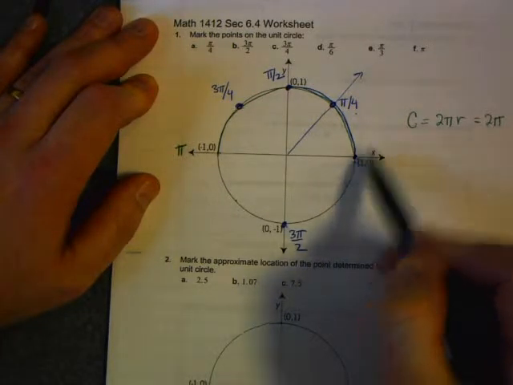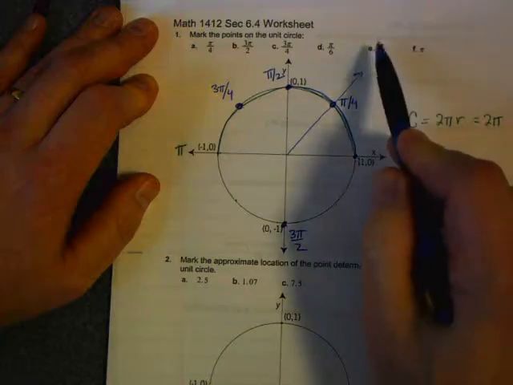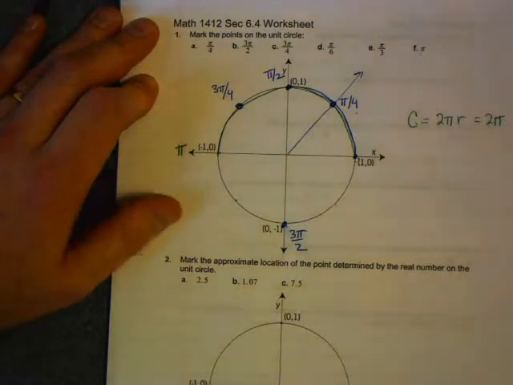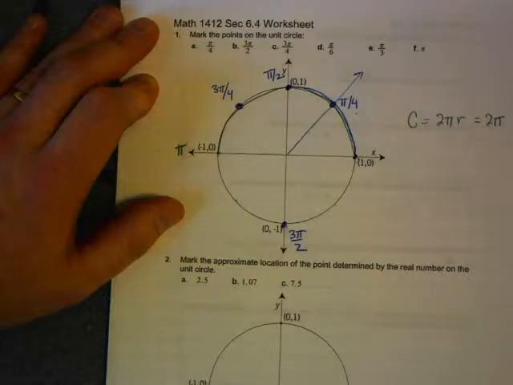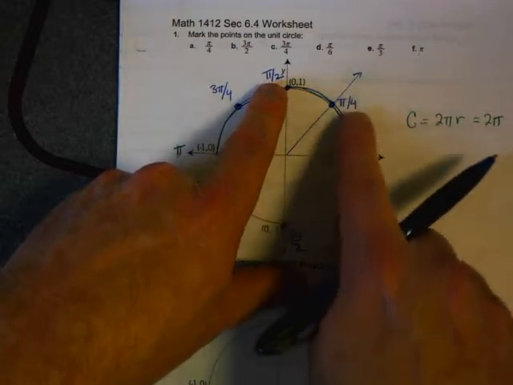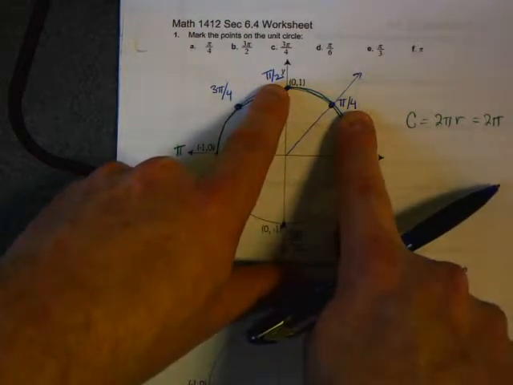All right, pi we already did. How about pi over 3? In between pi over 2 and pi over 4. Excellent. Why is pi over 3 in between pi over 4 and pi over 2? Just it's in between, I guess. Because if I divide by 2, and then divide by 4, I get numbers, right?